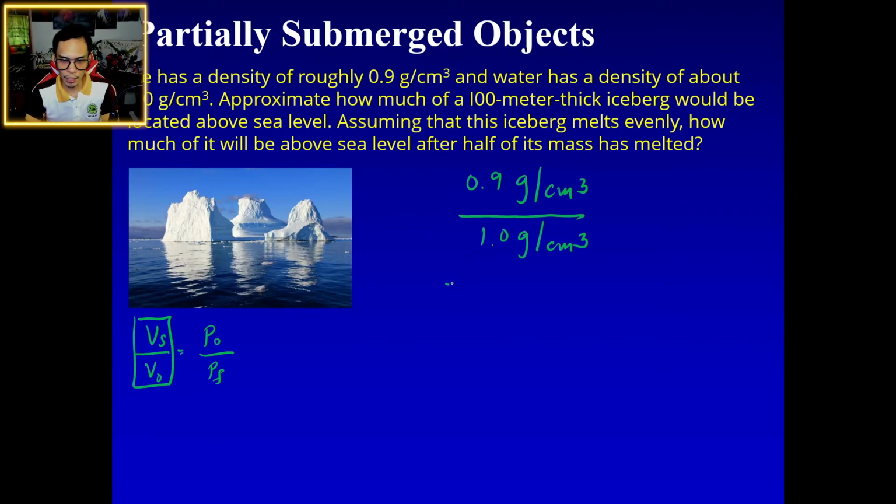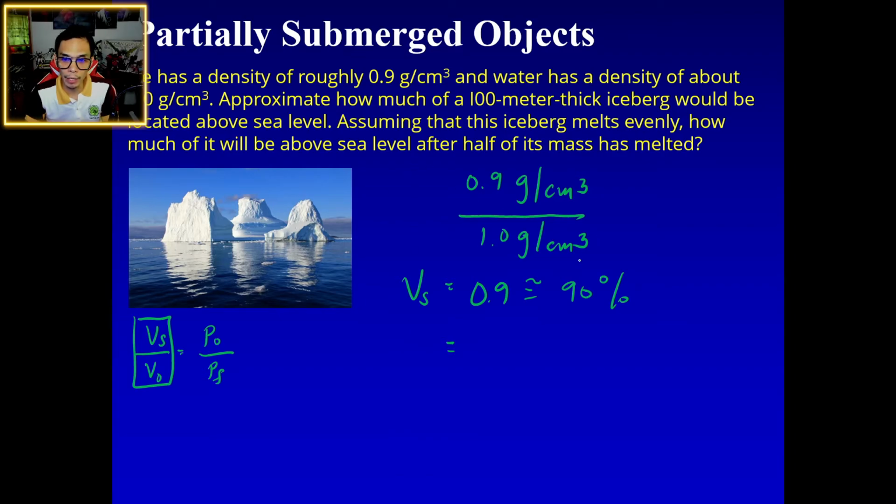So this will be our volume that is submerged, right? That is the fraction. 0.9 over 1.0 will be 0.9, dimensionless, or 90%.